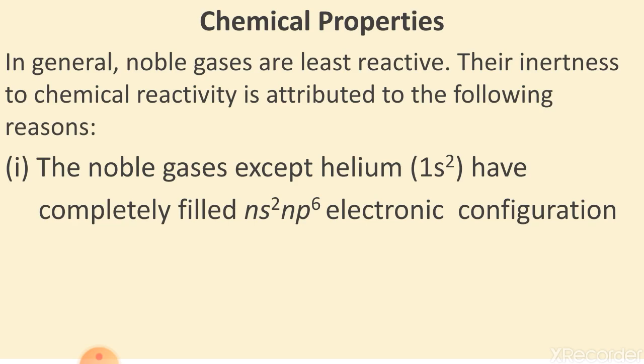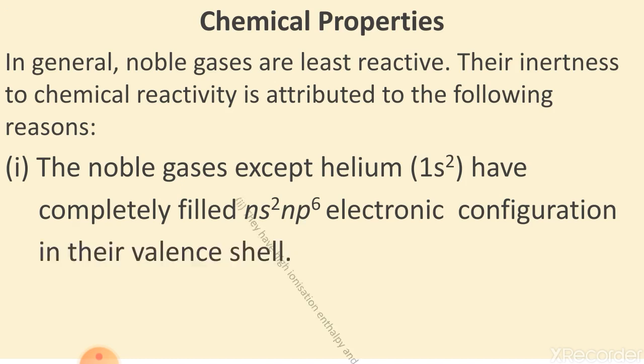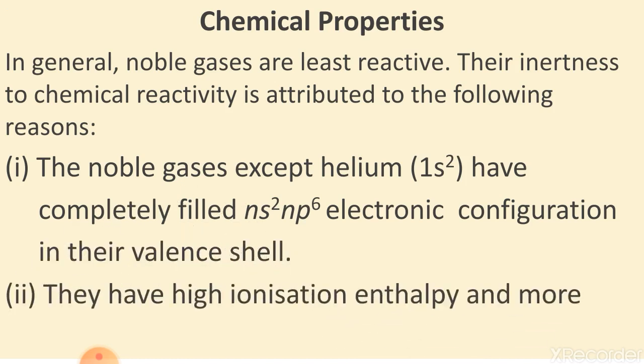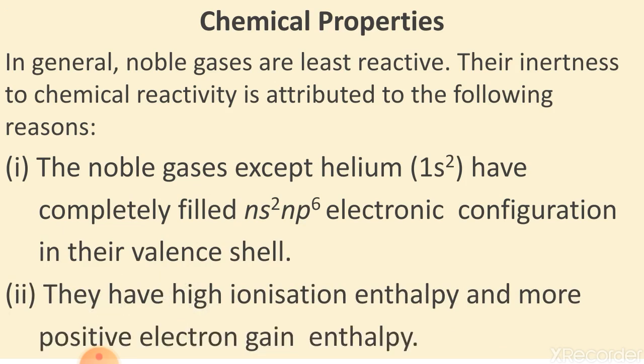So that's why they are chemically inert. Next, they have high ionization enthalpy and more positive electron gain enthalpy. So due to these two reasons, the chemical reactivity of inert gases is less than other elements.